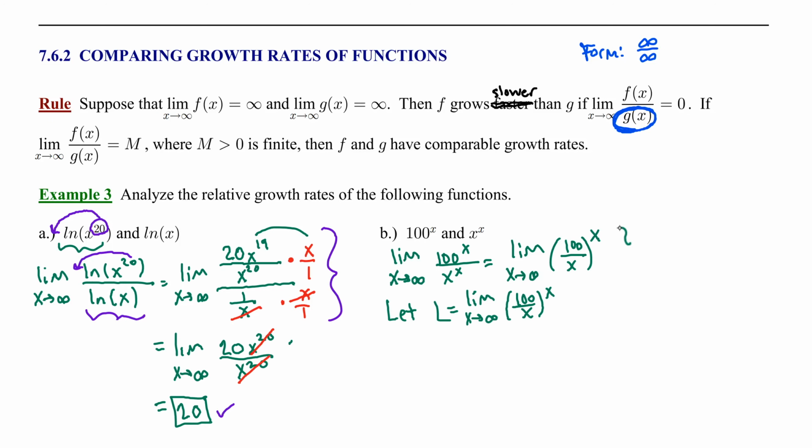Observe that we have a variable base and a variable exponent. Generally in that situation, we need to use logarithms to execute the limit. So let's go ahead and take the natural log of both sides.